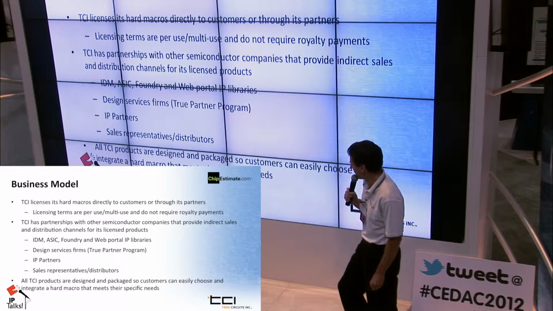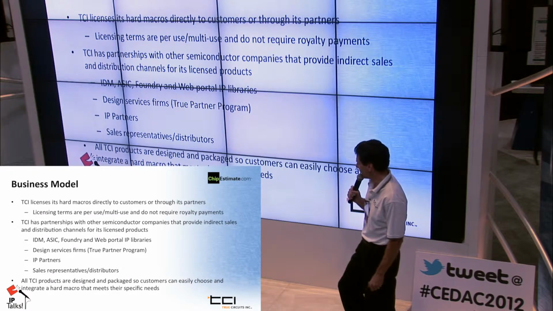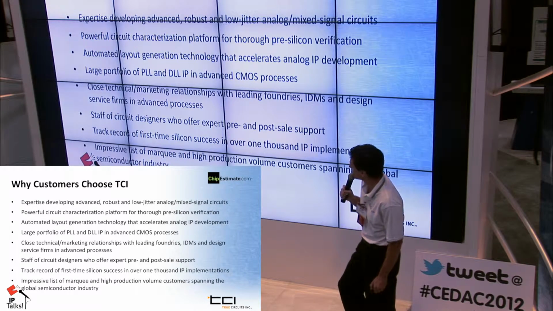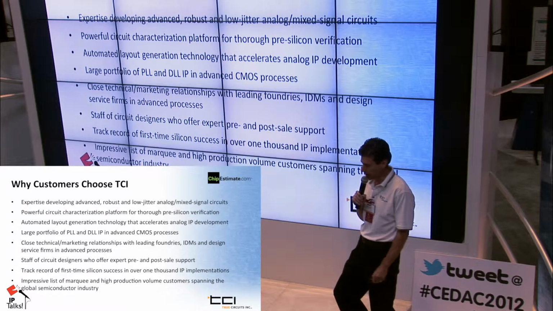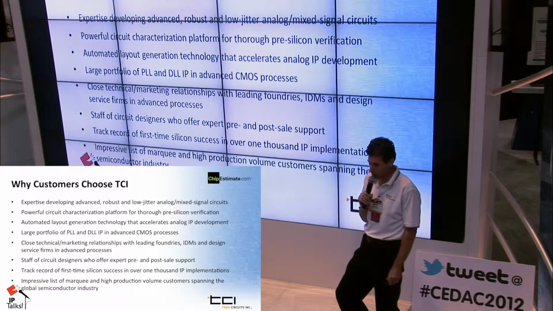So, you may ask, why choose TCI? Well, we're the experts at this. We didn't just start our operation last week or last year. We've been at this for a long time.